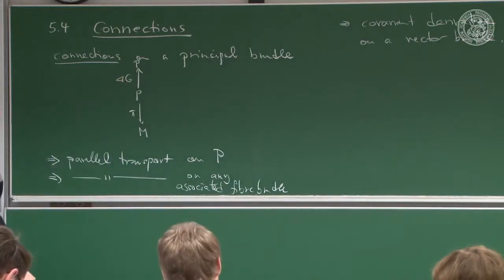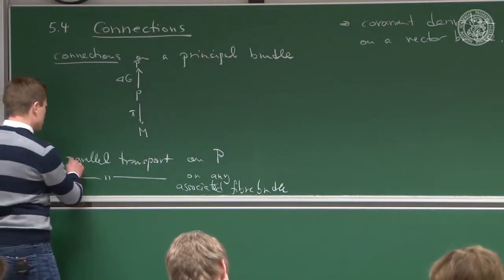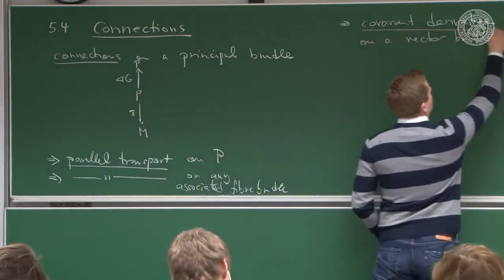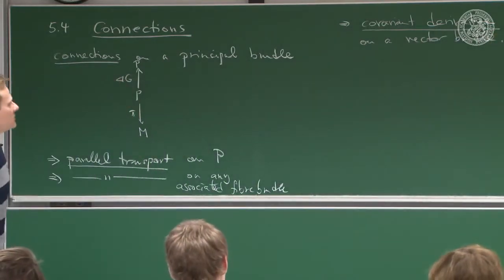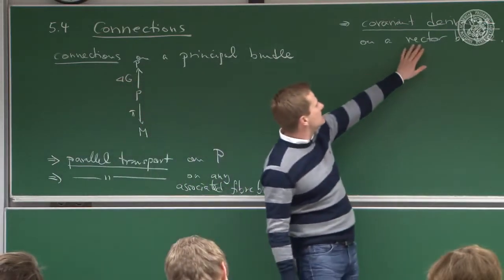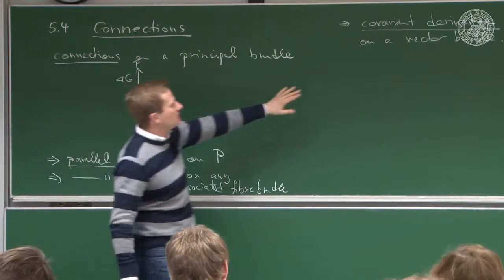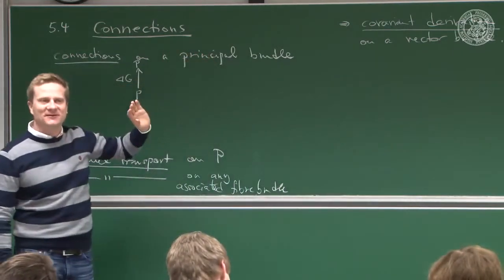So you see in decreasing order of generality we have connections, parallel transports, and finally, as a hyper-special case, covariant derivatives on a vector bundle, which is still defined in terms of a connection if this vector bundle is the associated bundle of some principal bundle.